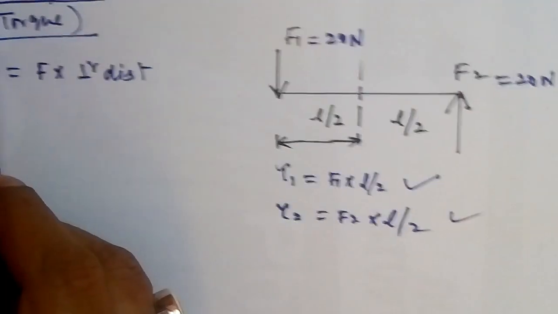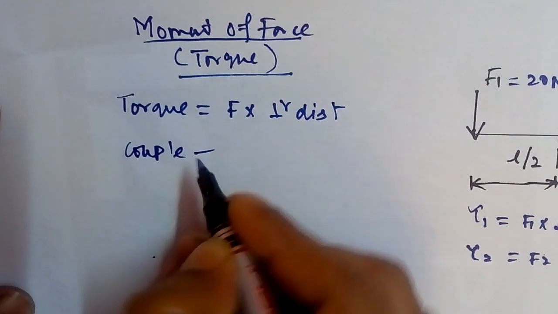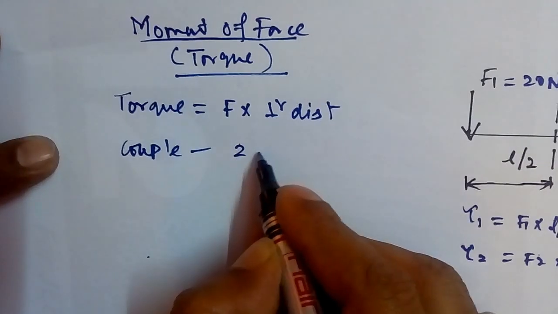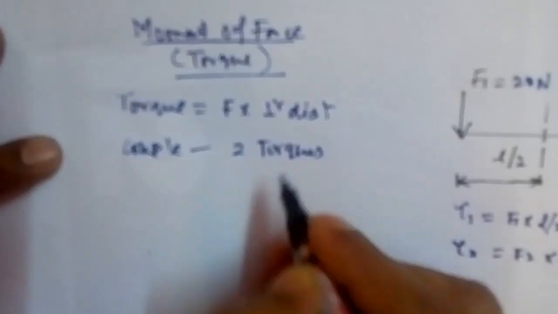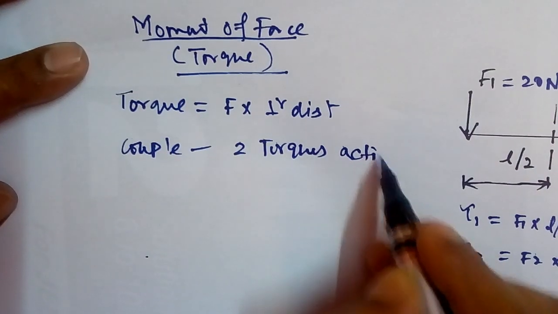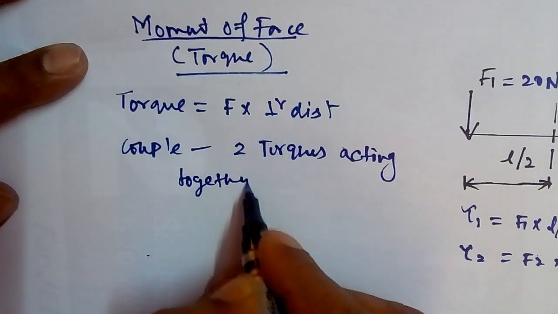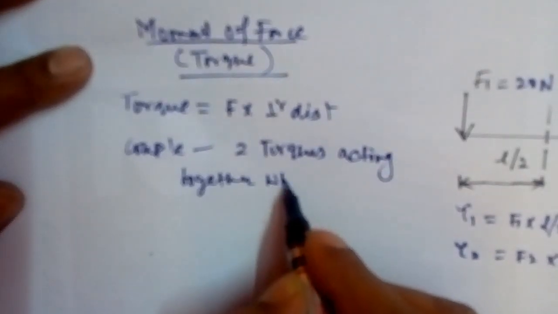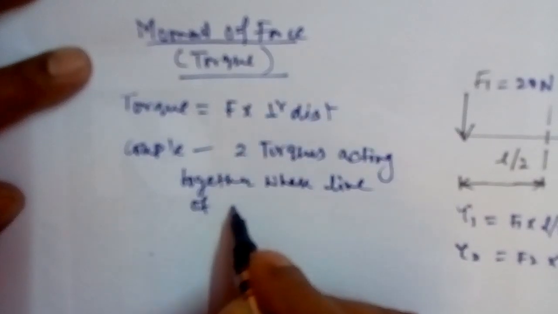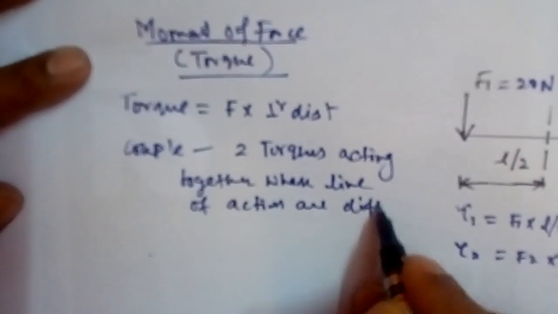In a couple, we can say two torques acting together whose lines of action are different.